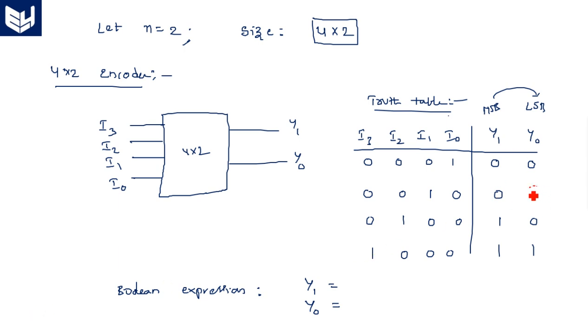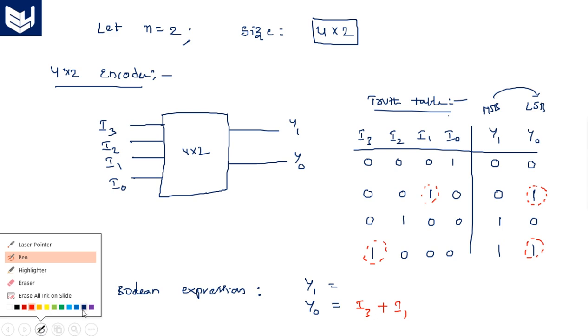For Y1 and Y0: Y0 is 1 in the I1 case as well as in the I3 case. So we can write Y0 as I3 plus I1. That means if any one of the inputs I1 and I3 becomes 1, then Y0 is equal to 1. This plus indicates an OR operation.